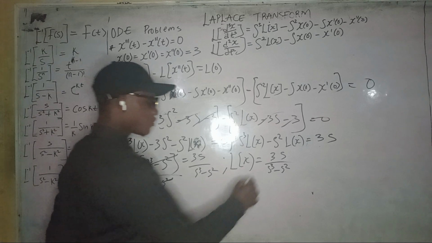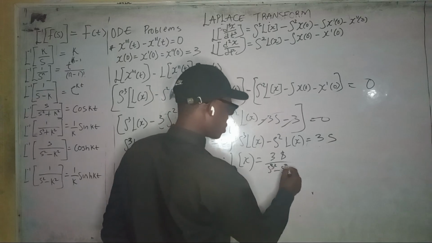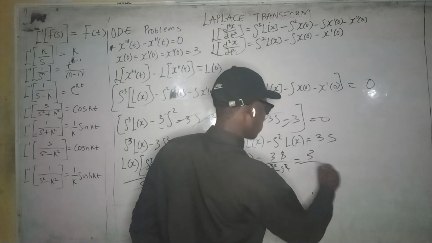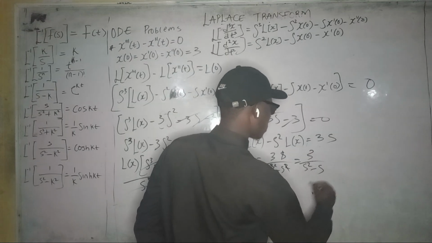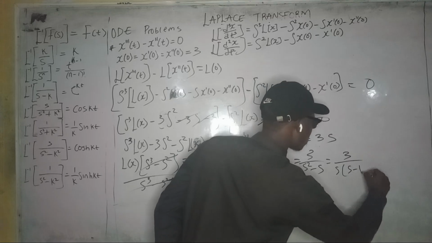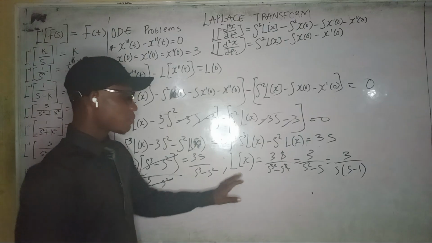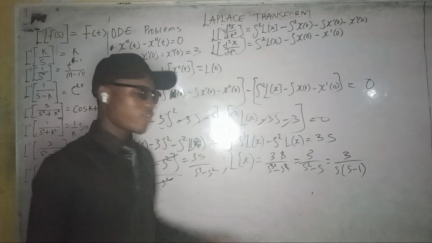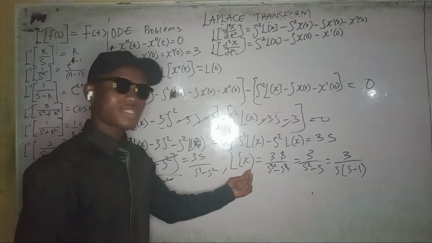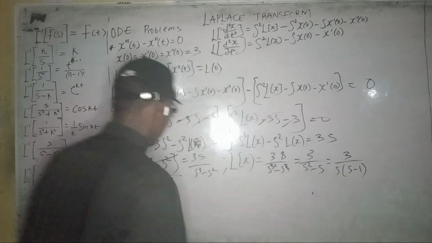So that is it for that. One s here can cancel one here to become s squared, and then here one s remains. This will be equal to 3 over s squared minus s, which is equal to 3 over s times (s minus 1). So now from here we have our Laplace transform of x equal to this. We find the inverse Laplace transform of both sides. So the Laplace transform of x becomes x, and we find the inverse Laplace transform of this in order to get our value for x.